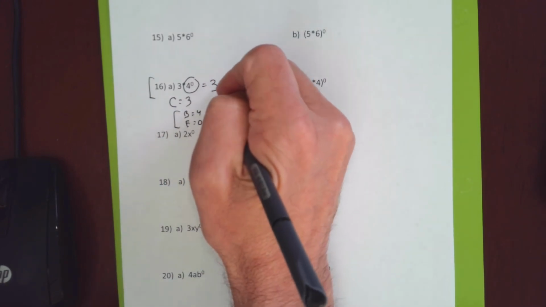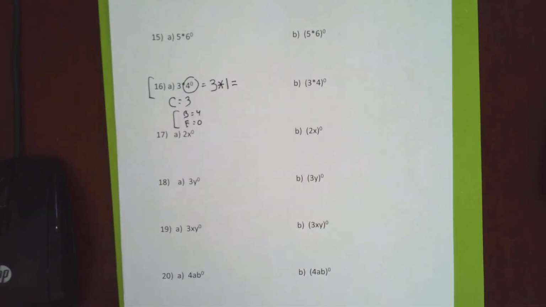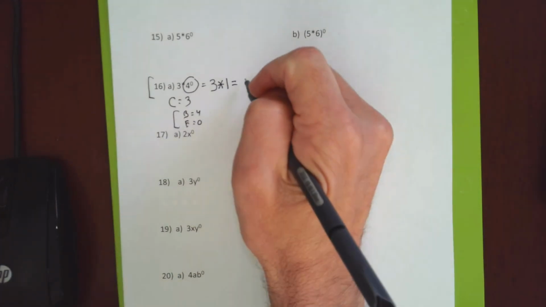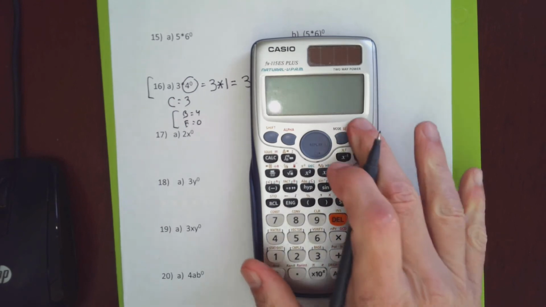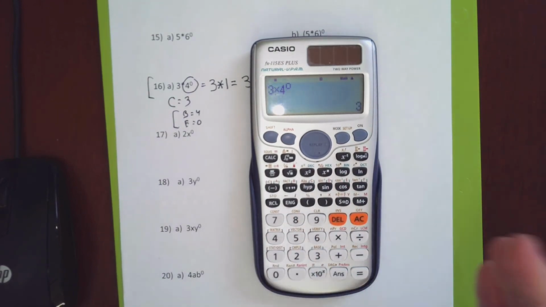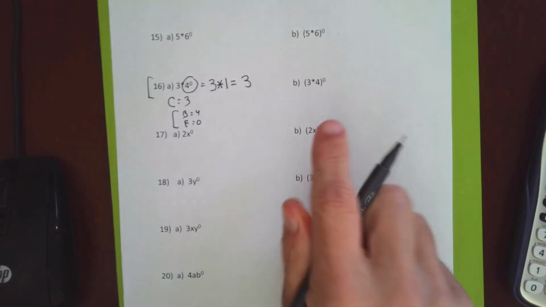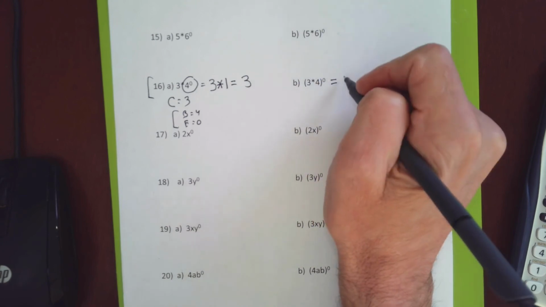It's equal to 1. Then if I'm doing it by hand, I do exponents first and then the multiplication of the coefficient. The answer should be 3. If I did that on my calculator and did 3 times 4 exponent 0, I get that 3 just fine. Part B, that's a parentheses with a 0 exponent with an implied coefficient of 1.